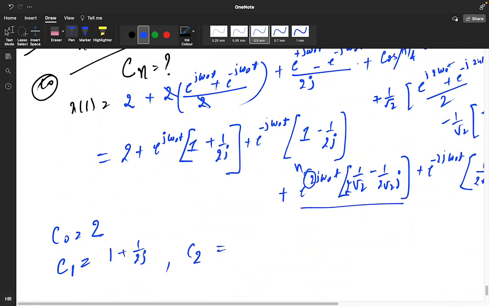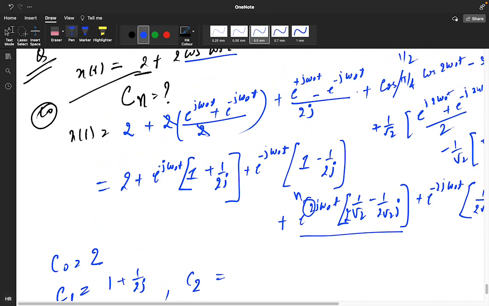So if this is my plus only, the coefficient of this term denotes C of 1. Here some e is present which has 0 as a power, so that means it belongs to C of 0, because e to the power 0 is 1 only.